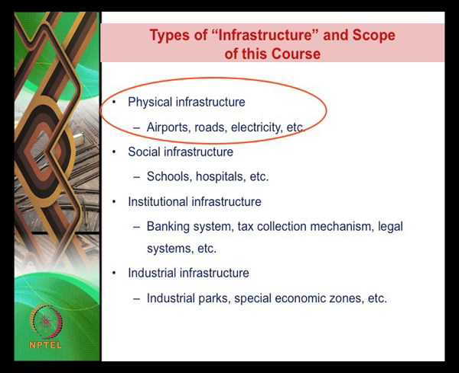The next would be what I would call the institutional infrastructure. Institutions such as banks, tax collection mechanism, the legal systems, they all would generally be classified as institutional infrastructure. So these are systems and institutions that are needed for the day-to-day transactions to happen.